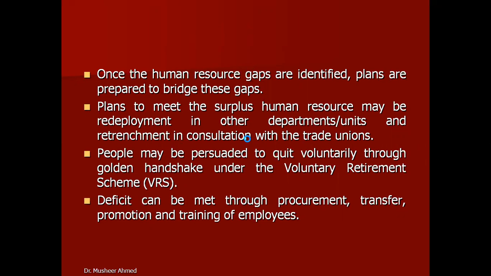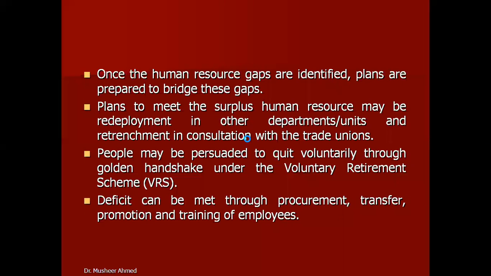The plan by which we can deal with surplus is redeployment of employees to other departments, right, in consultation with the trade unions. If we have surplus staff, then in order to utilize that staff, they may be transferred to some other departments where they can be used.